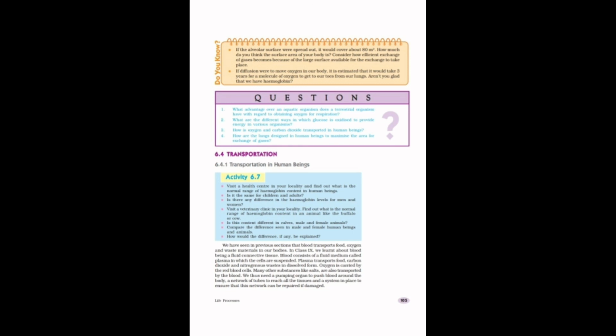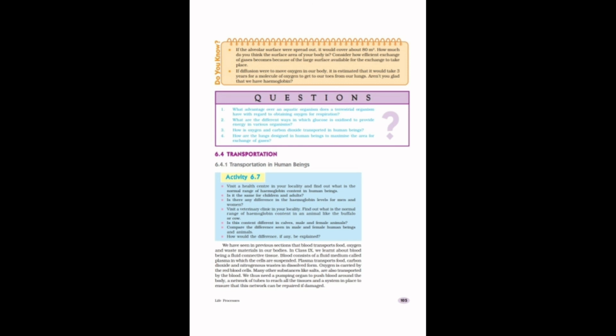We have seen in the previous sections that blood transports food, oxygen, and waste materials in our bodies. In class ninth, we have learned about blood being a fluid connective tissue. Blood consists of a fluid medium called plasma, in which the cells are suspended. The plasma transports food, carbon dioxide, and nitrogenous waste in dissolved form.